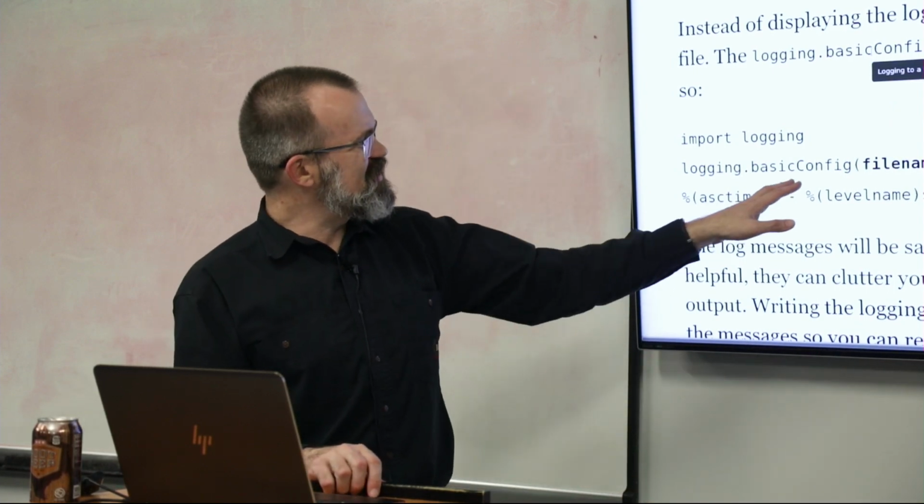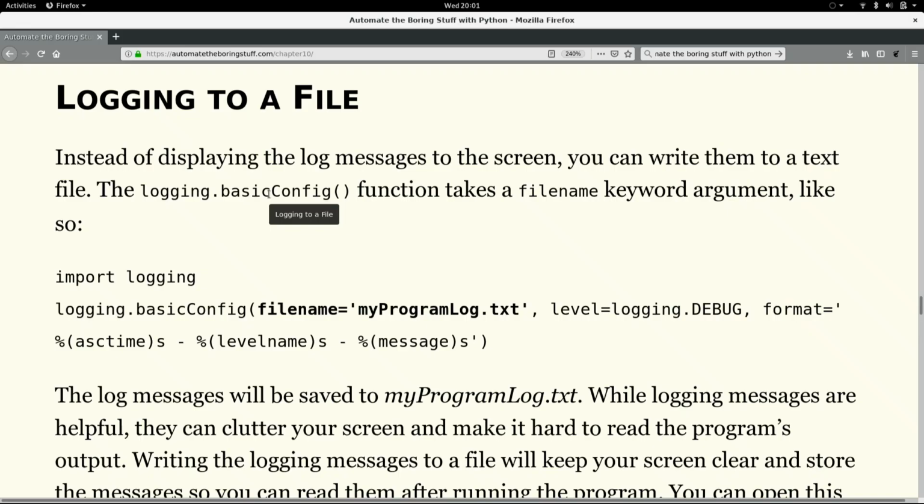So the point is that this basic config has another named parameter called filename. Remember that last time you asked, where are these files? Again, he used a relative path, so this file will be wherever he wound up running the program.